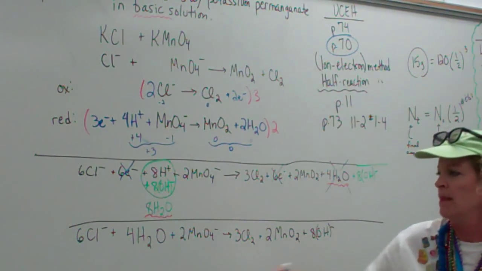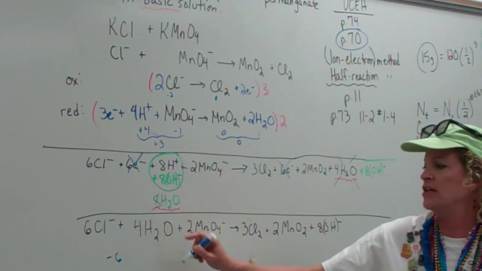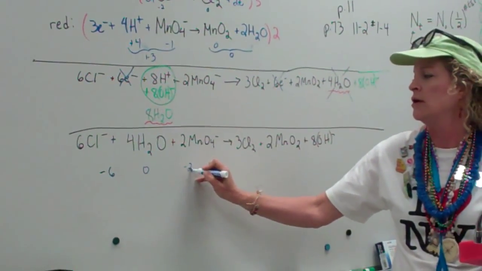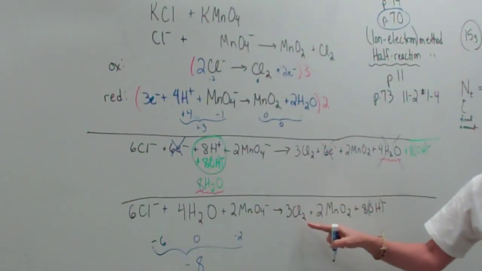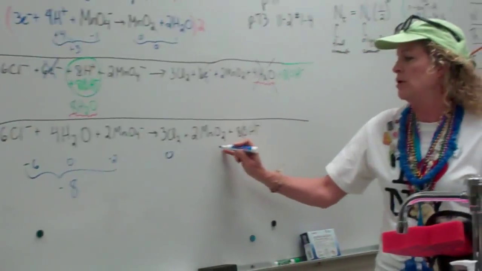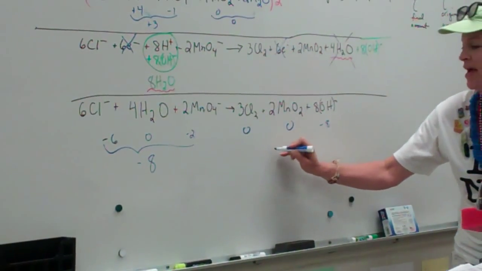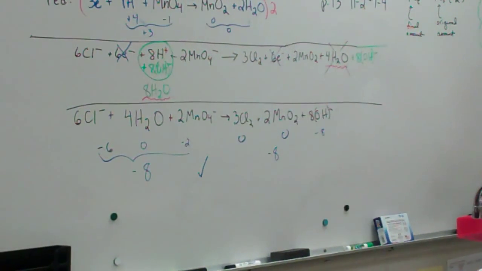Look at this. 6 times -1 is -6. This is 0. This is 2 times -1. So this whole side is a -8. Over here, 0, 0, 8 times -1, -8. It all balances. Whew.